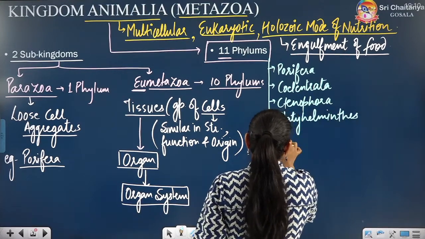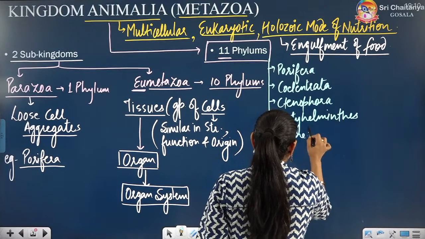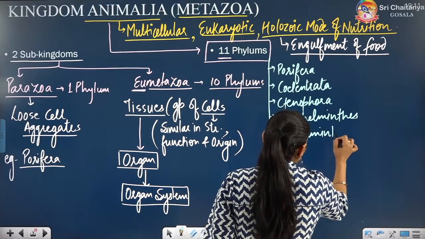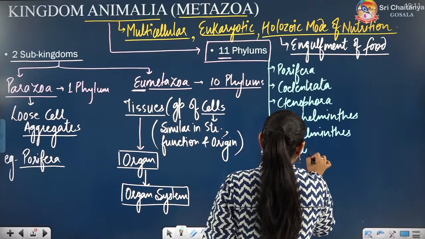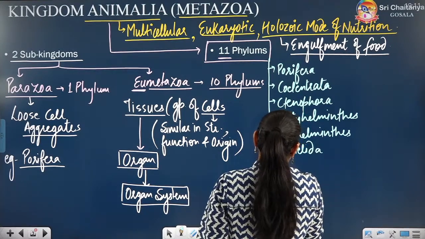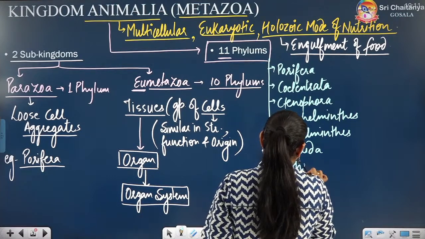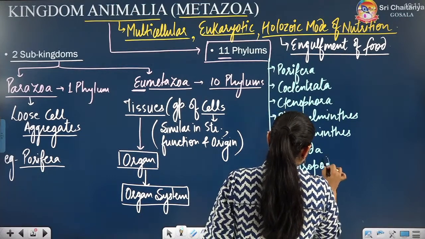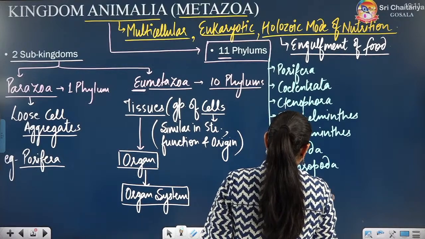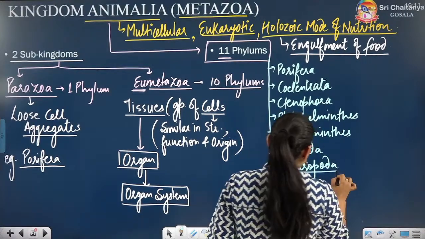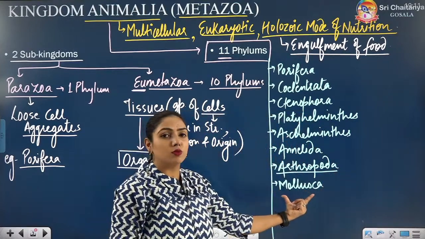The fifth phylum is Aschelminthes. Then there comes Annelida, Arthropoda, Mollusca. Arthropoda is the largest phylum, everyone, and the second largest phylum is Mollusca.